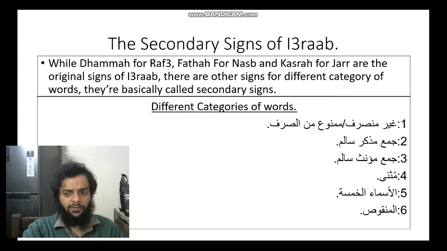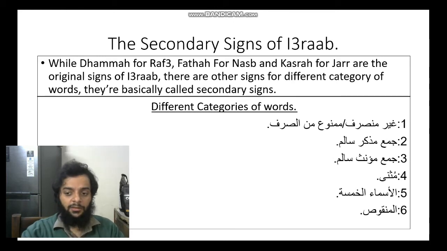You might be asking what sound means. The thing is, there are other plurals in Arabic which are called mukassar, broken plural. Inshallah I will explain that in a separate video. So Ghair Munsarif or Mamnoo Minas Sarf, Jama Muzzakar Salim and Jama Muannas Salim. Then you have Musanna, which means dual. In Arabic apart from singular and plural you also have dual, that is called Musanna.